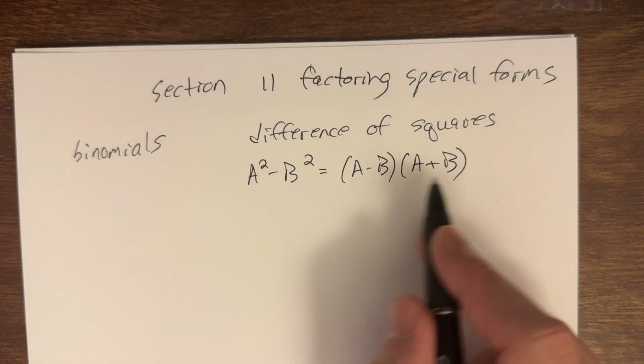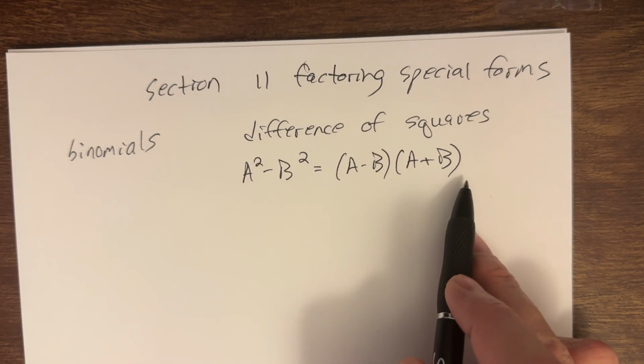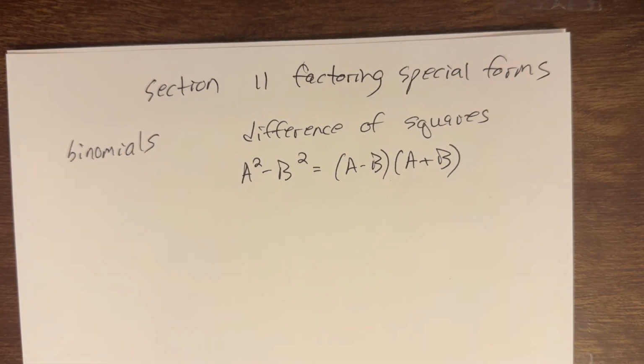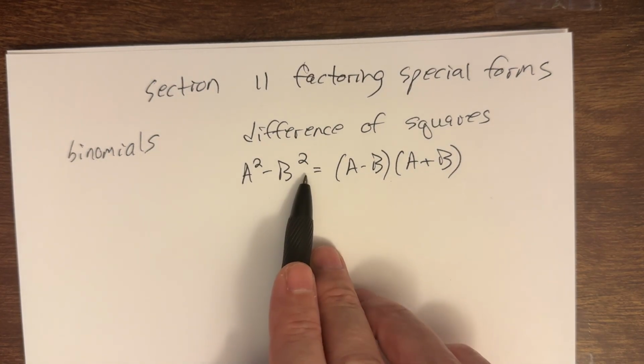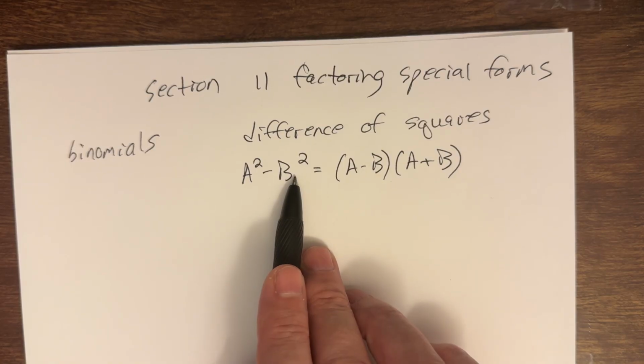I actually think in our book they do this the other way. But again, our order of factors does not matter. But what this is actually saying, it's a very, very specific special form: a binomial where each term is a perfect square.